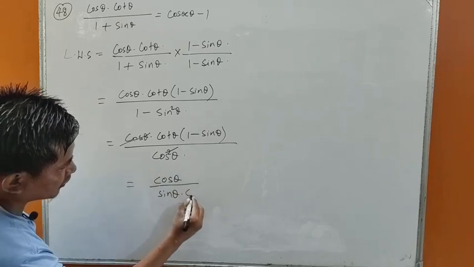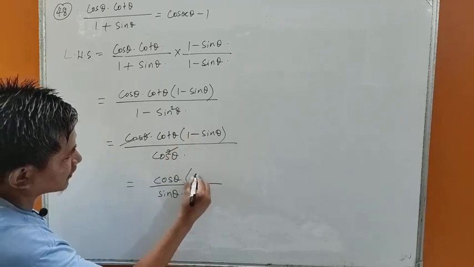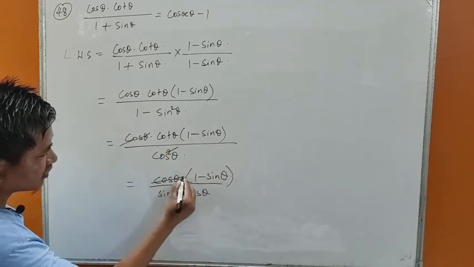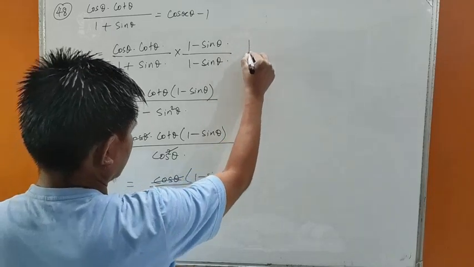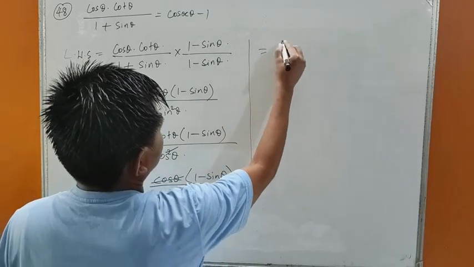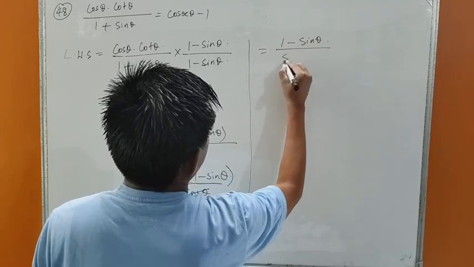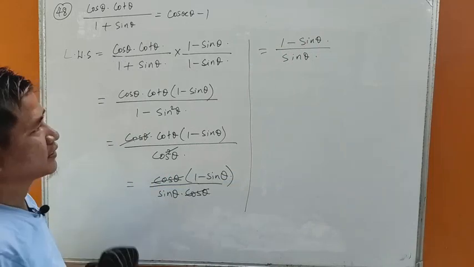This cos theta comes here, cos theta, and we have 1 minus sin theta, isn't it? So this cos theta and cos theta cancels out. So we have 1 minus sin theta upon sin theta, isn't it? 1 minus sin theta upon sin theta.